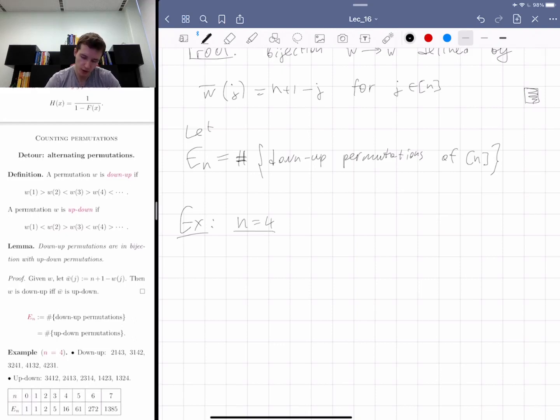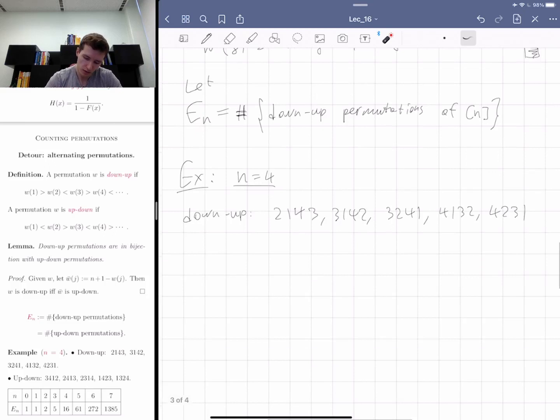I want to write down all down-up permutations, and I have all down-up and up-down on the left. 2, 1, 4, 3, 3, 1, 4, 2, 3, 2, 4, 1, 4, 1, 3, 2, 4, 2, 3, 1. 2, 1 goes down, 1, 4 goes up, 4, 3 goes down, and so on. And for up-down, you just flip each of these permutations upside down.